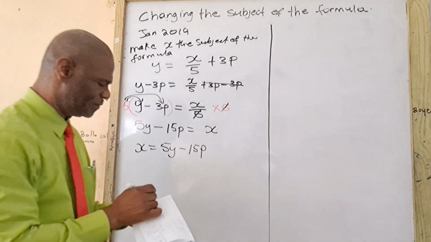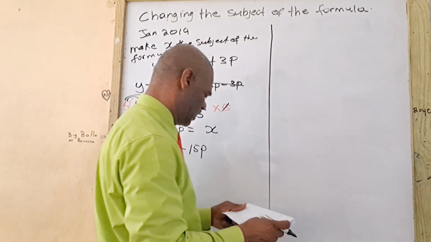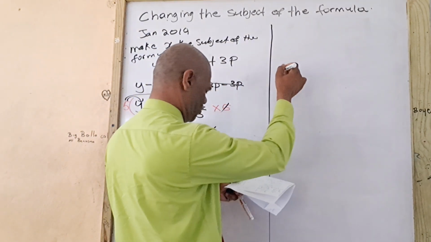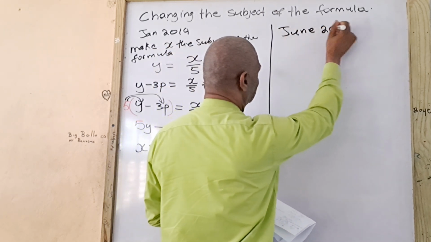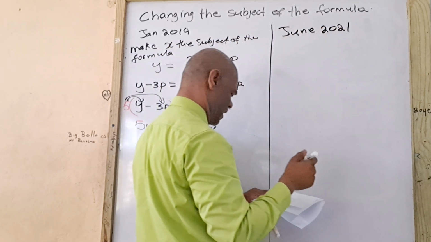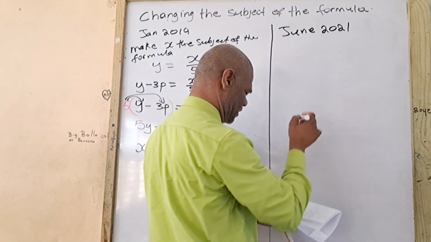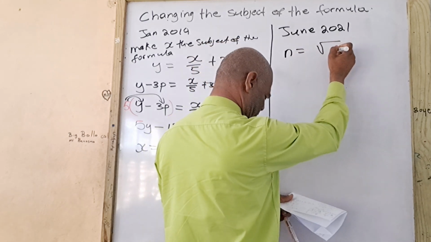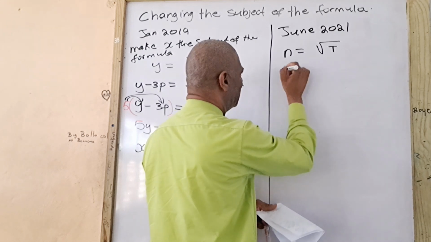Now we can do another one. This is June 2021, and the question says n equals the square root of t, and we want to make what?